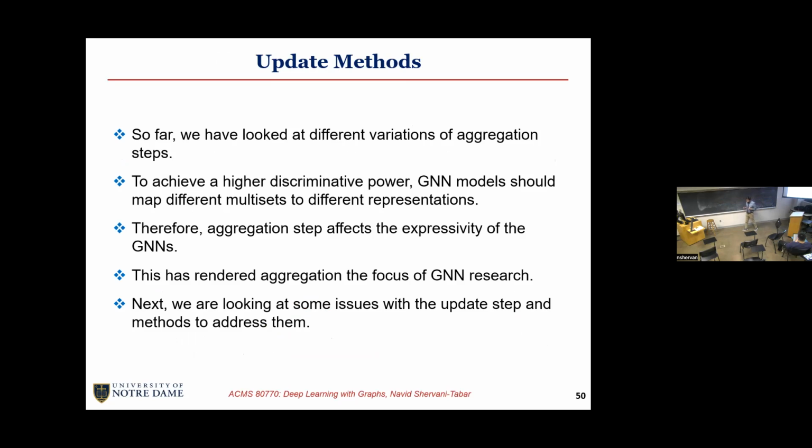We briefly touched upon this in our isomorphism algorithm lecture: if we have an aggregation function that uniquely maps different multi-sets of embeddings into different representations, we will get a graph neural network that has the maximal discriminative power.